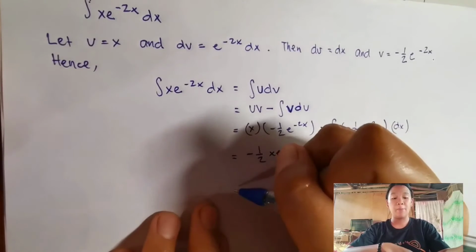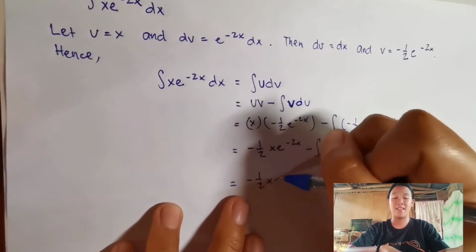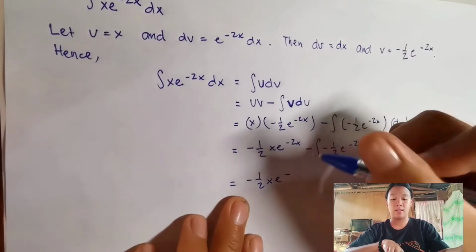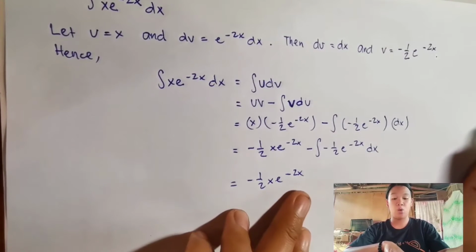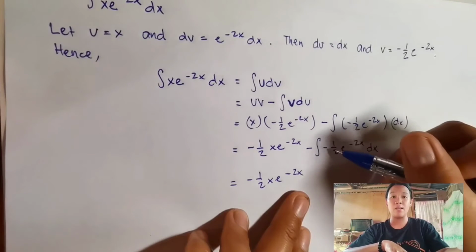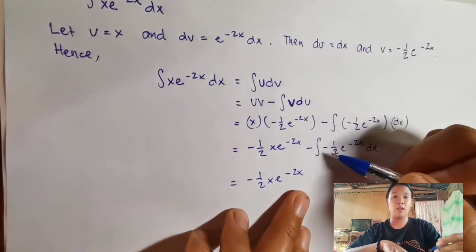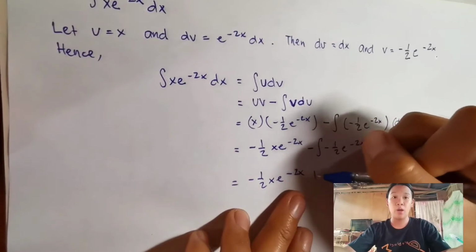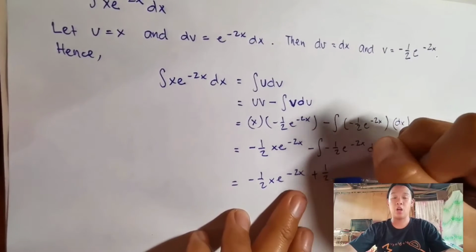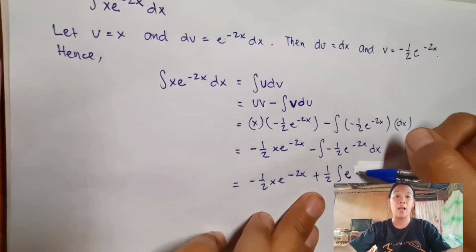Then copy the first term, negative 1/2 x e raised to the power of negative 2x. For the second term, we take out the constant, negative 1/2. Negative times negative becomes positive, so plus 1/2 times the integral of e raised to the power of negative 2x dx.